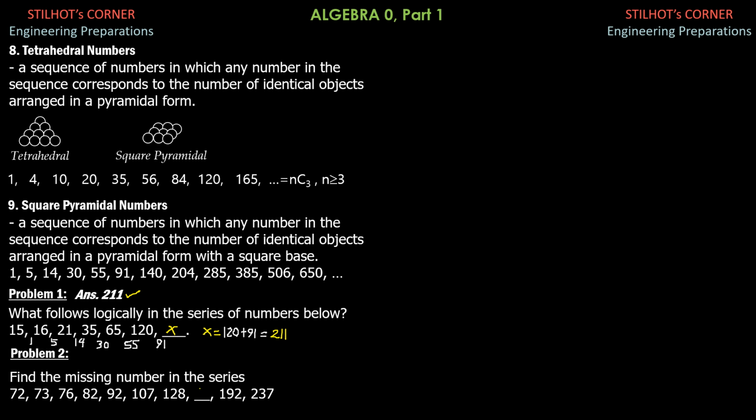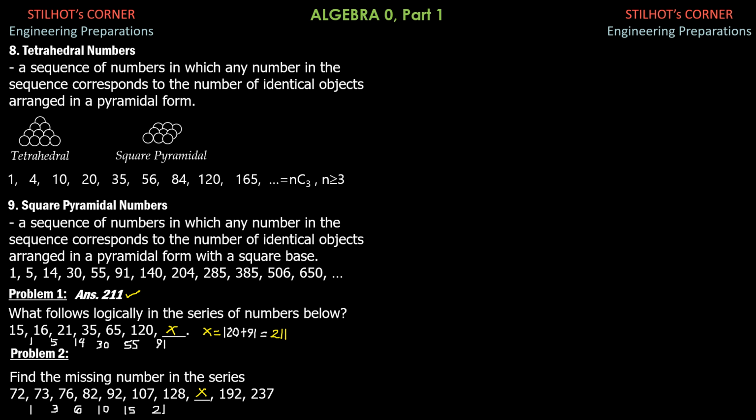Call this X again. Notice that the difference between adjacent numbers in the series is 1, next is 3, 6, 10, 15, 21.